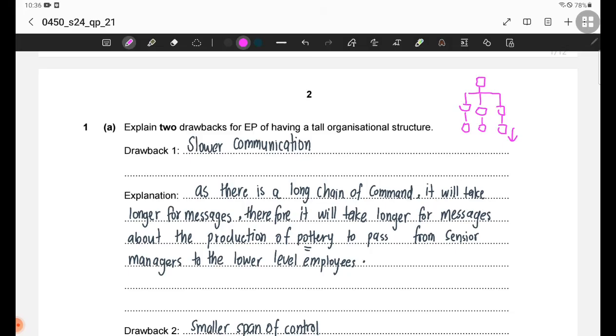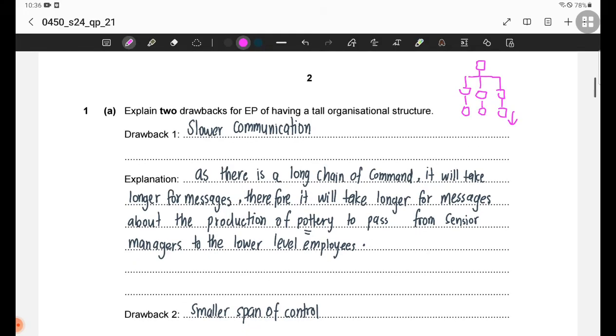So the first disadvantage or drawback here is slower communication. This is obvious because the message that they're gonna convey is gonna go through a lot of levels, and therefore it will take a long time for the message to reach the person intended.